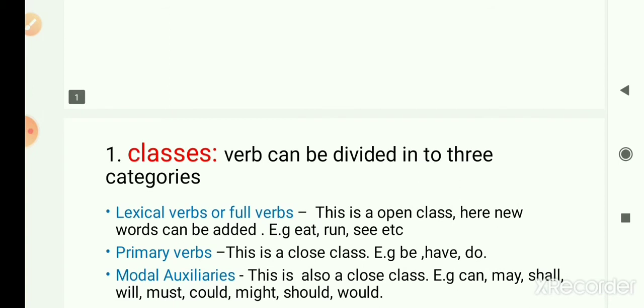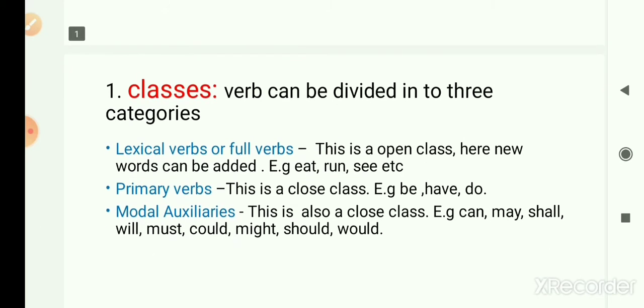Classes. As a part of speech, verb can be divided into three major classes or categories according to their function within the verb phrase. So you can see here there are three divisions in classes: lexical verbs or full verbs, primary verb, and modal auxiliary.